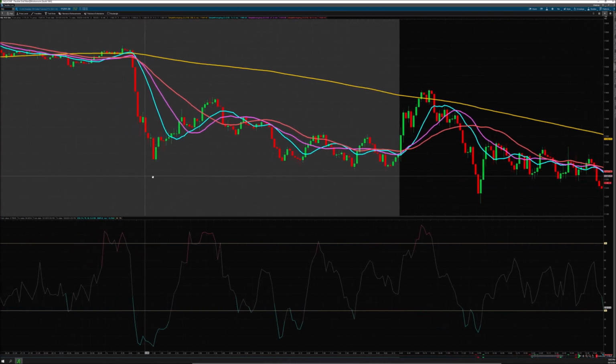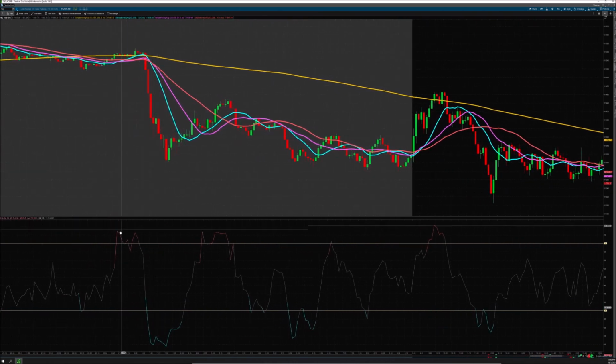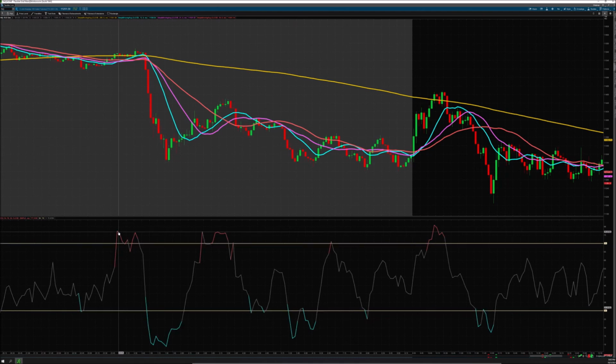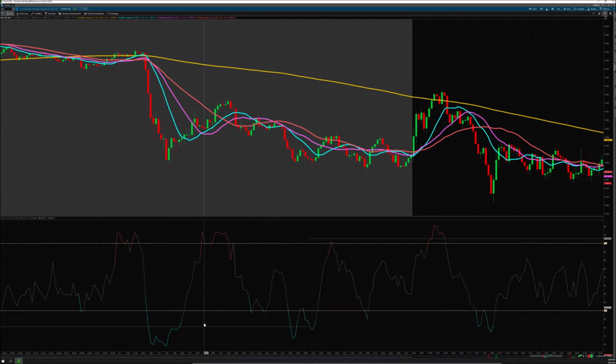People were like, oh, Trump got corona, we're gonna see the market drop. But even before the news came out, the RSI was telling you that the market was overbought right here.